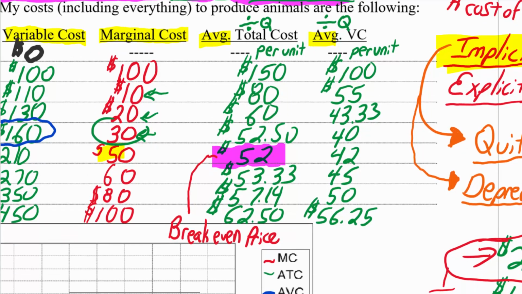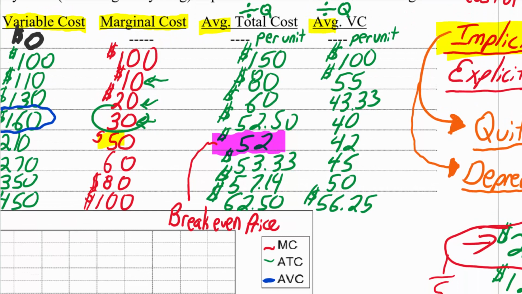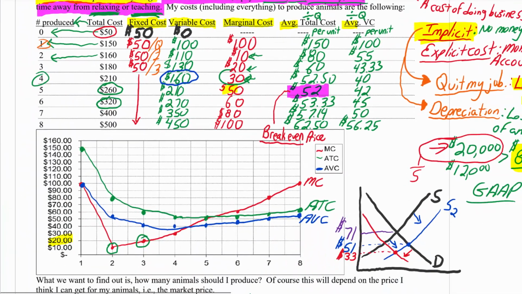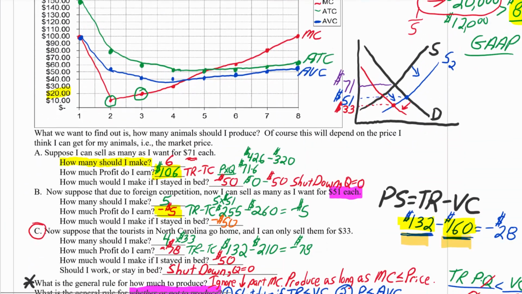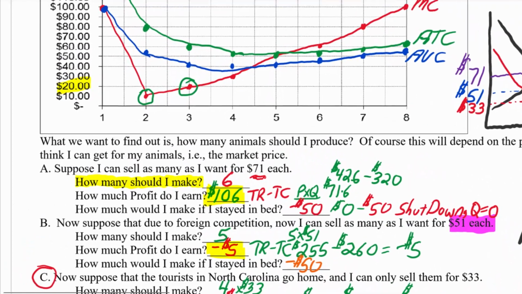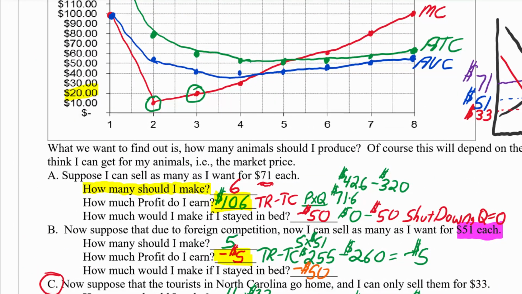The break-even price means if the price gets below 52, we're going to lose money. We're going to have a negative profit, in other words. If the price is above 52, we're going to have a profit. If the price is exactly $52, we're going to break even. Let's see how that works with the prices we were seeing before. In example A, we had a market price of $71 and we made a profit.